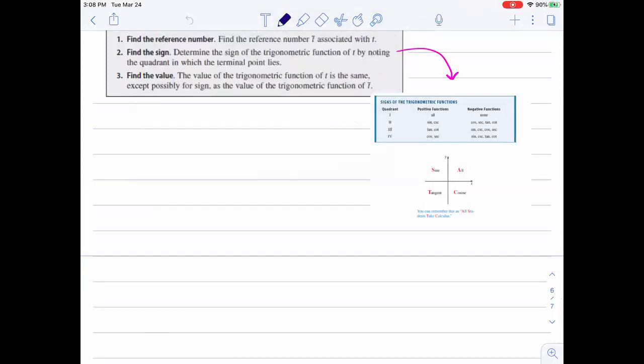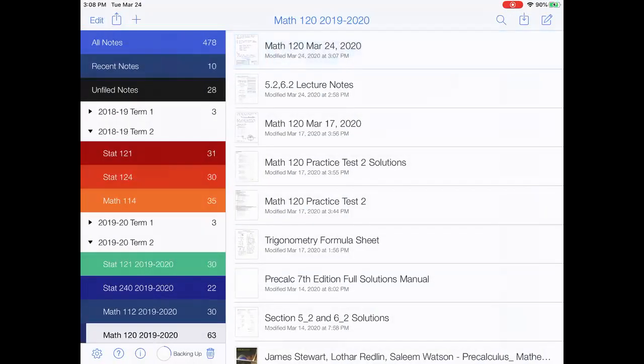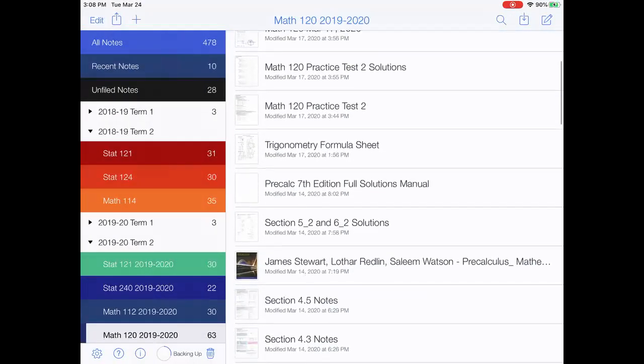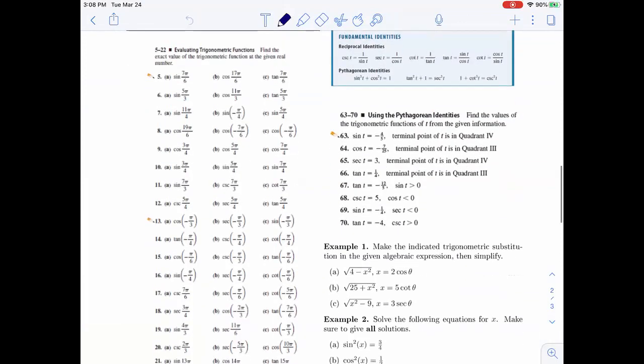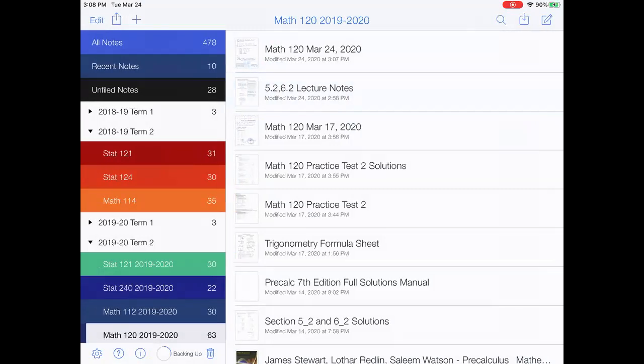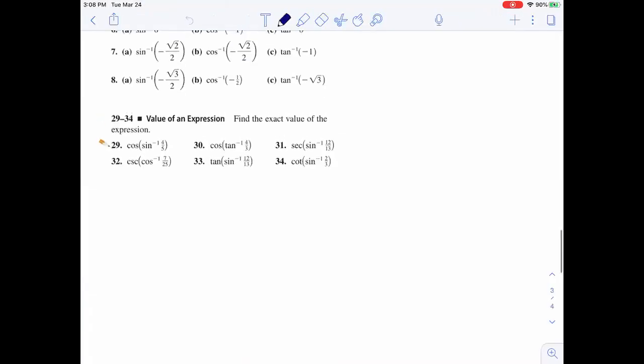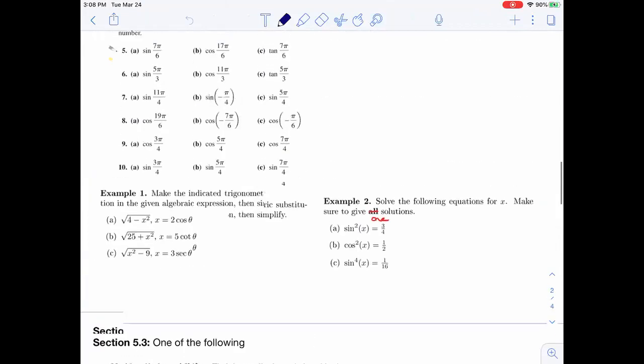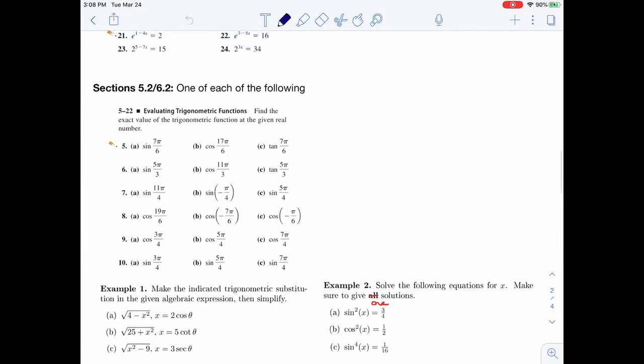So let's do a couple here. And I think we did a lot of these last day. Well, I can just do them again. Does anyone remember if we did some of these for the practice test? 5.2, 6.2.